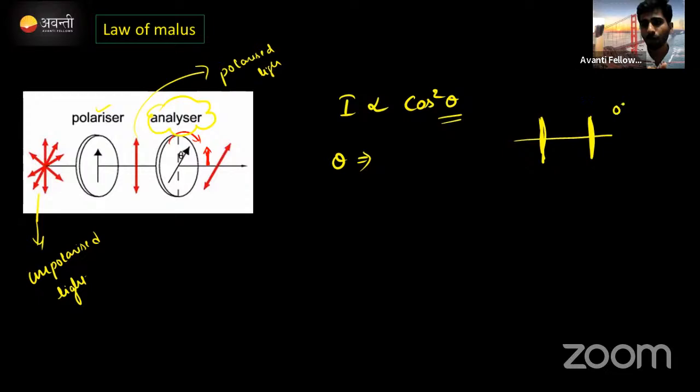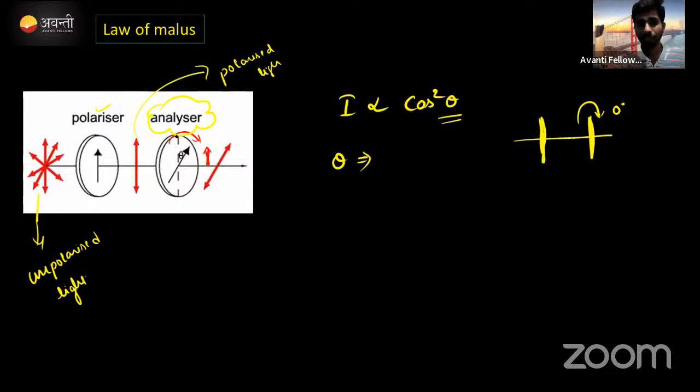If I rotate the analyzer by an angle, say 90 degrees, in the clockwise direction, what happens to the angle? It continuously increases, correct? Continuously the angle is increasing from the polarizer to the analyzer.